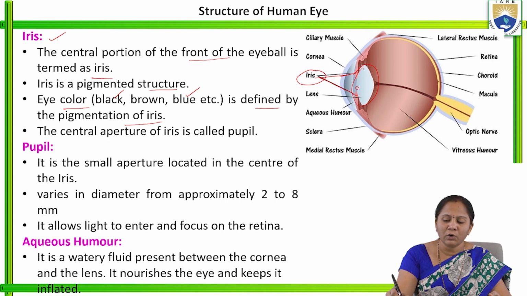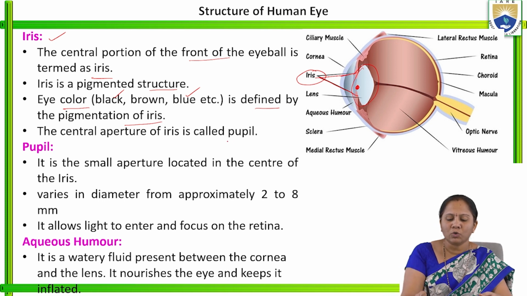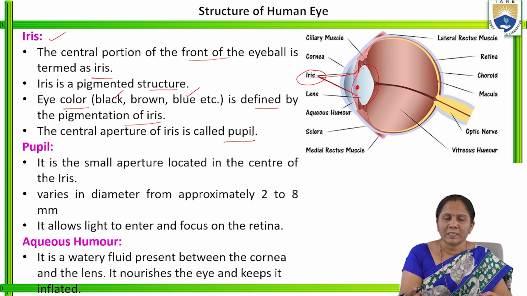In the center of this eyeball we have a black hole, and that part is called the pupil. It is located at the center of the iris.